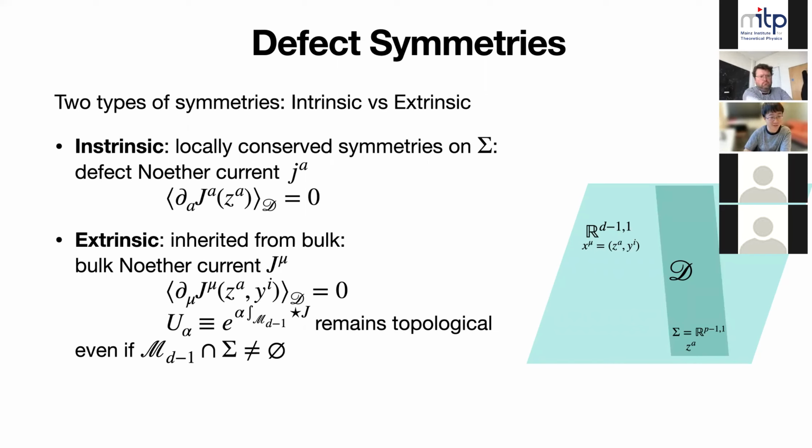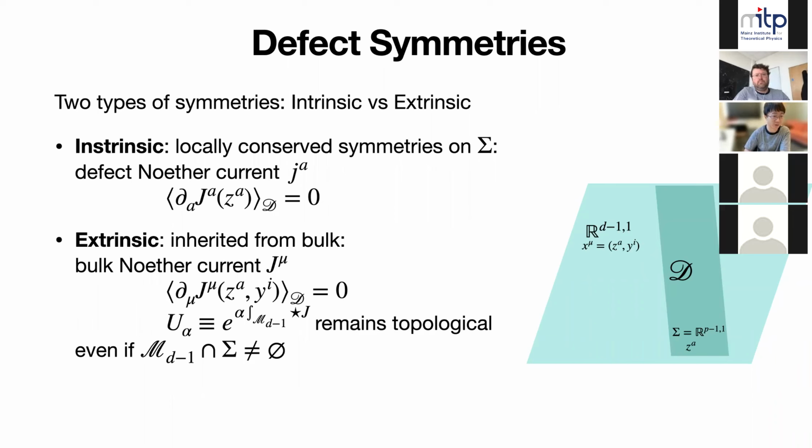So in the case of continuous symmetries, you can define a topological defect, which is this exponential operator defined by some integral over a codimension 1 manifold, where the integrand involves the Hodge dual of the one-form built out of the current. And the statement that the defect preserves the symmetry simply means that this operator remains topological even though it intersects non-trivially with the defect world volume.